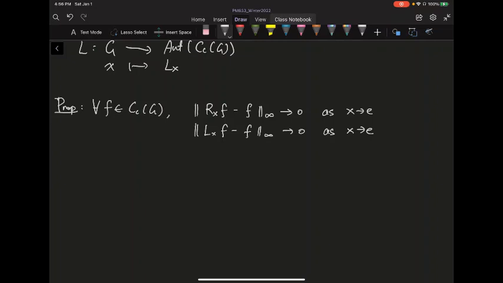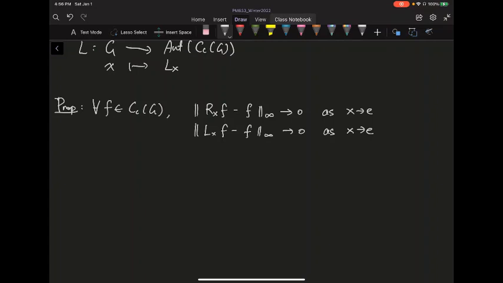If I consider the infinity norm, the sup norm, that's going to go to 0 as x goes to the identity, and you do the same for the left. By the way, C_c(G) is a normed vector space under the sup norm. It's not a Banach space, because it's not complete, but it's a normed vector space.